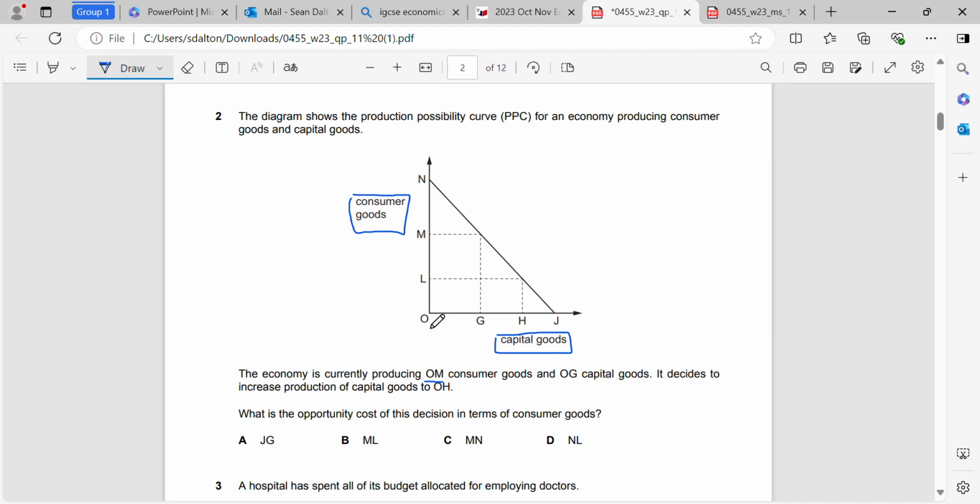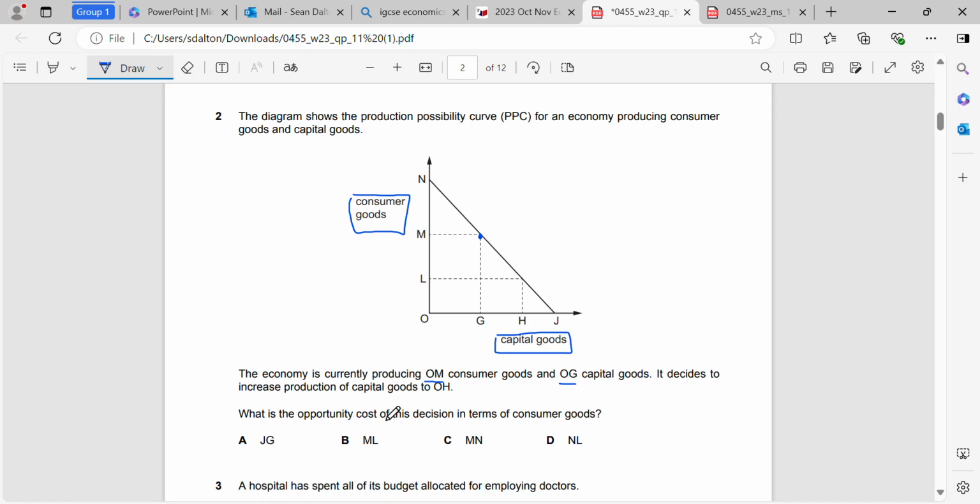First thing we should do is go to that and mark it in. They'll always start from the origin point, O to M. That means that we start producing at this point, and OG capital goods. So we can see there, OG and OM, that is our correct starting point.